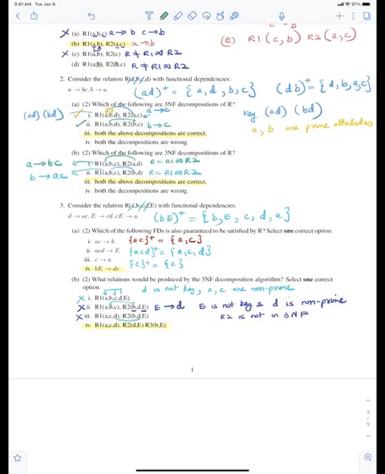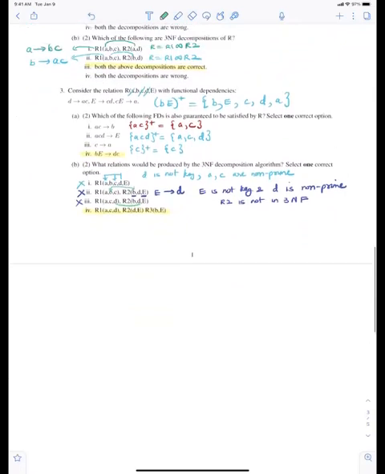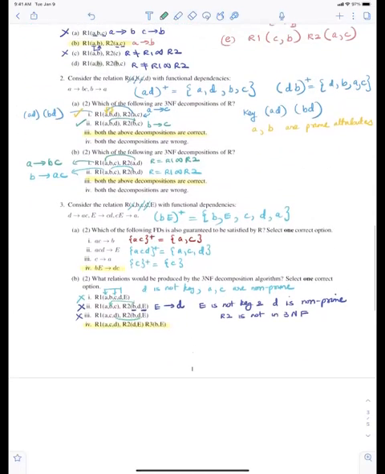So let's look at the last one. In the last table, since you have one correct option, you could have just marked the last one, but let's look at it and see why it's in third normal form. So we have R1. Let's see, which one would we start with? Let's pick up table E goes to D. Okay, so let's start with this one.